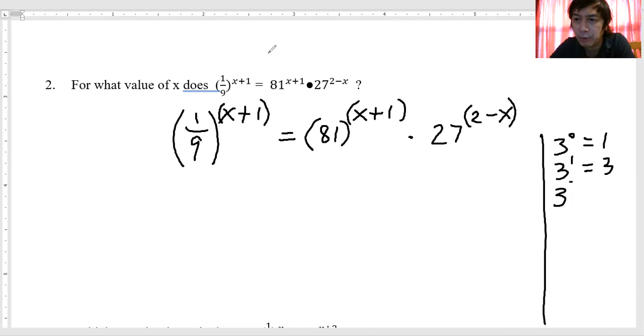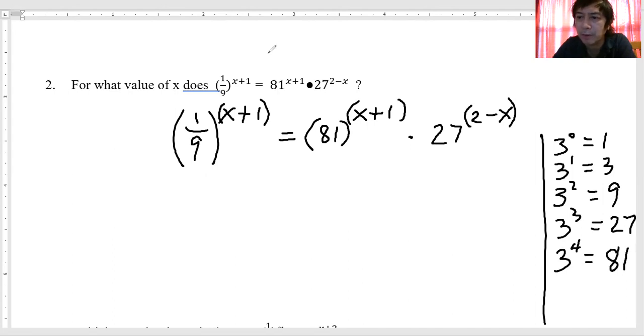And then 3 squared is 9. 3 to the 3 is 3 times 3 times 3, that's 27. And 3 to the 4, that is 3 times 3 times 3 times 3, that's 81. And so we can replace these numbers 9, 81, and 27 using powers of 3.